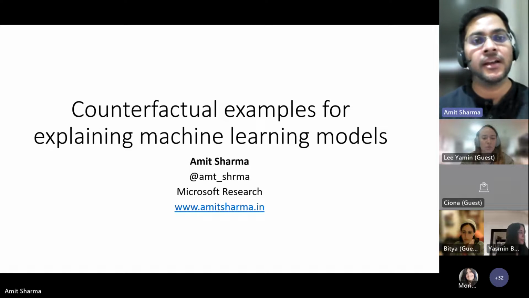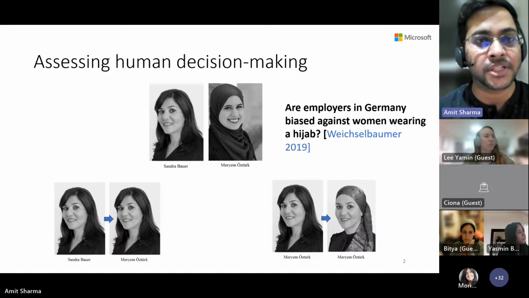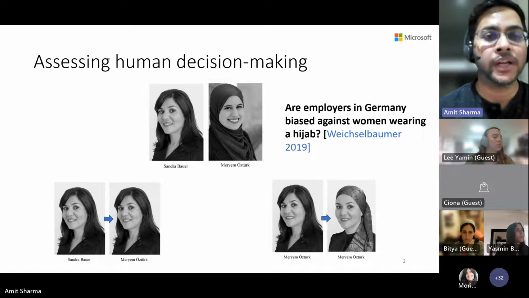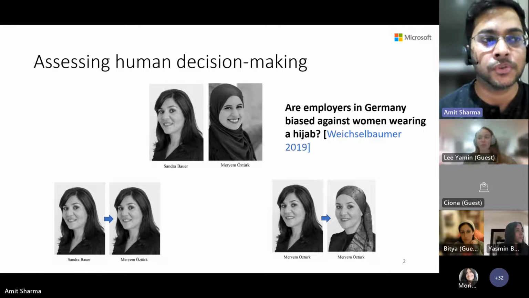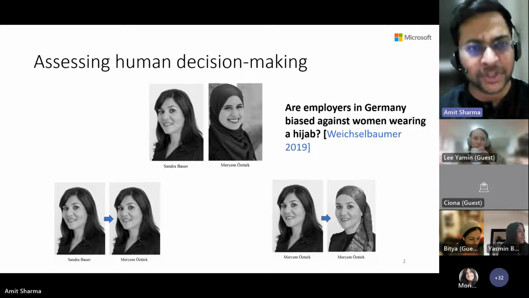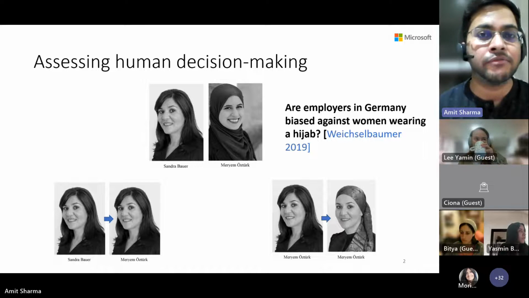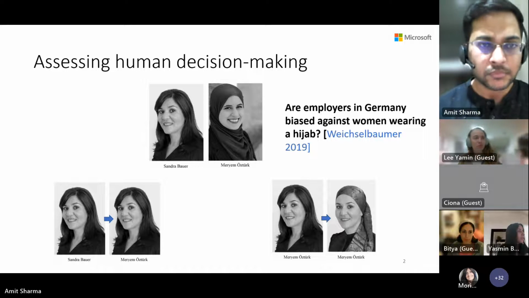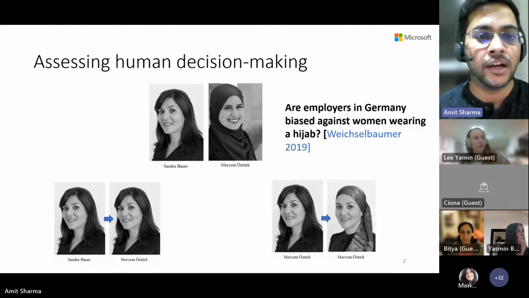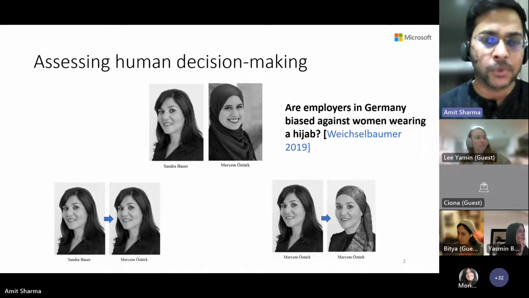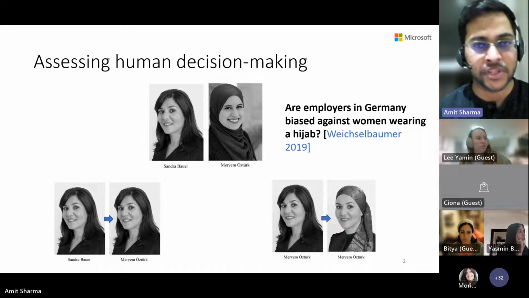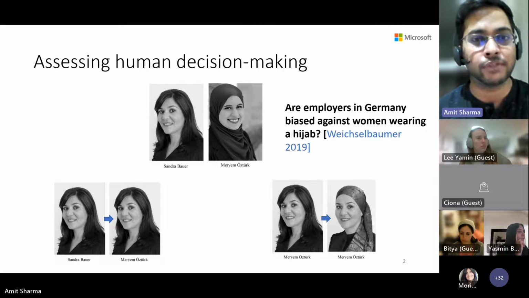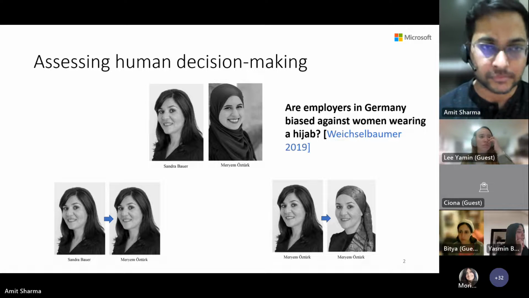But before we do that, I want to give you some perspective, especially historical perspective, on why counterfactuals are so impressive when it comes to explanation. In fact, this has been the major way that people have assessed human decision making. I'm showing you one example from a study in Germany where a social scientist wanted to study whether employers in Germany are biased against women wearing a hijab.